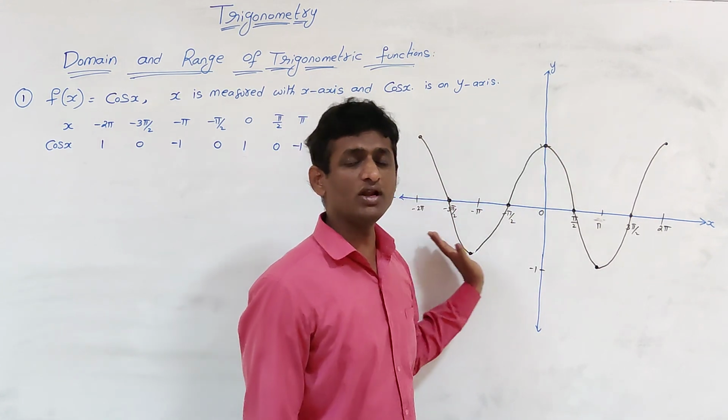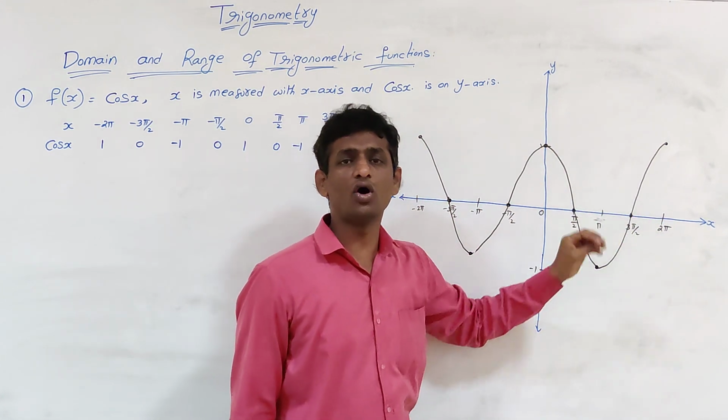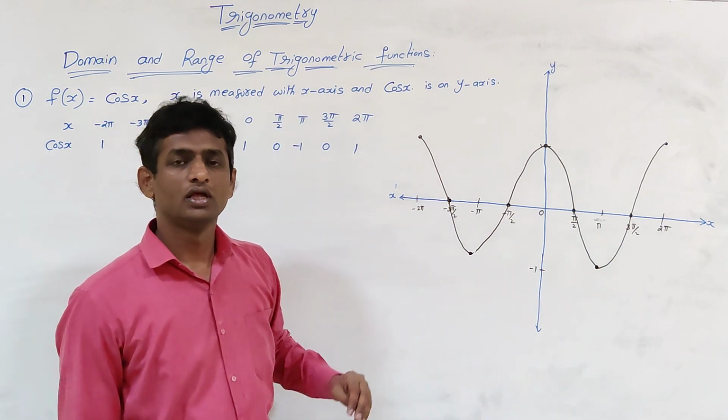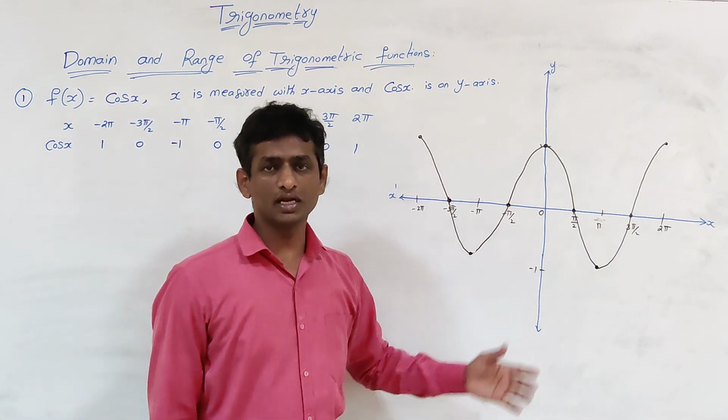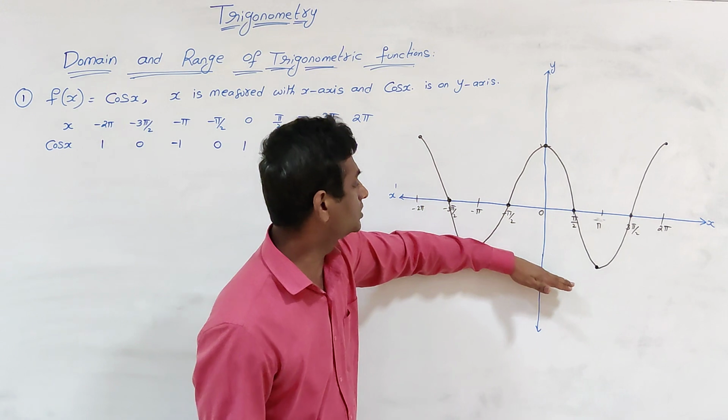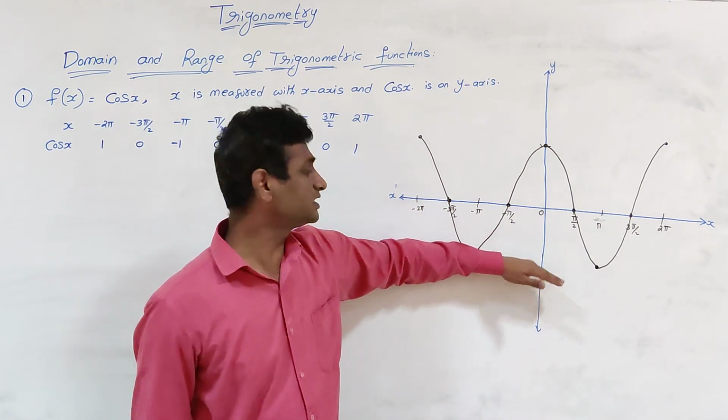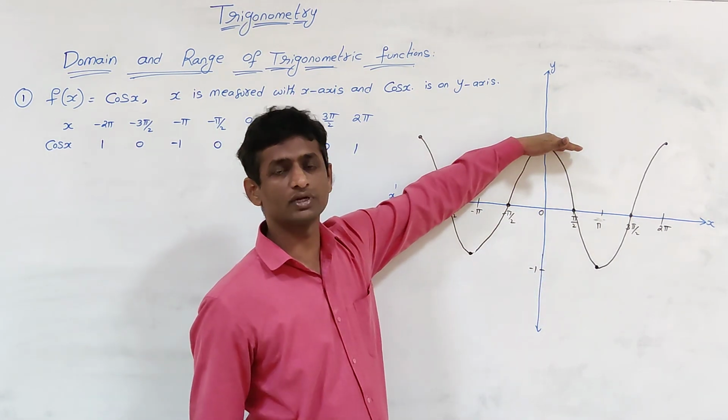Means the domain of cos x is all angles, or we can say all real numbers, and the outputs, means the range of the cos x, will lie between minus 1 to plus 1.